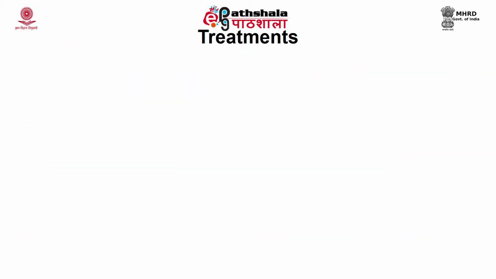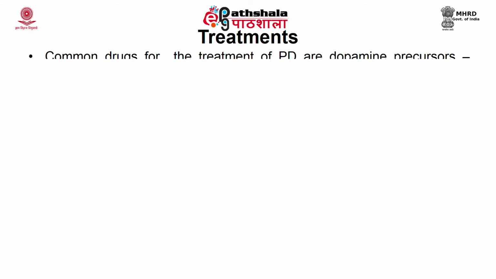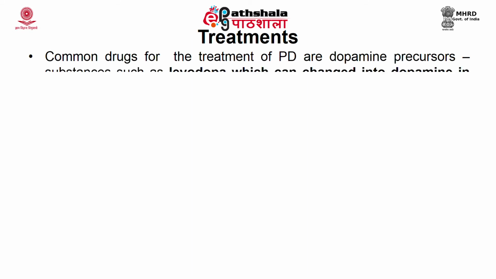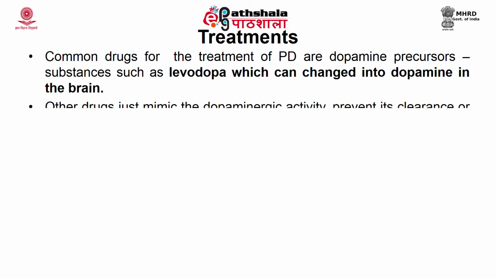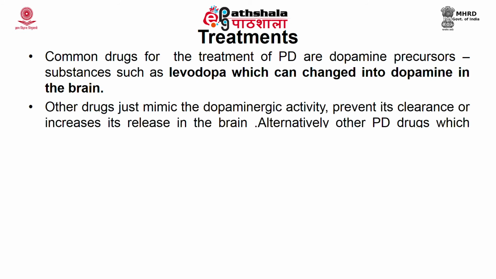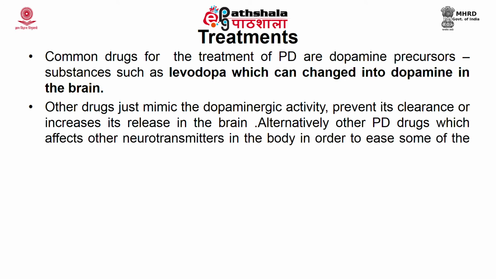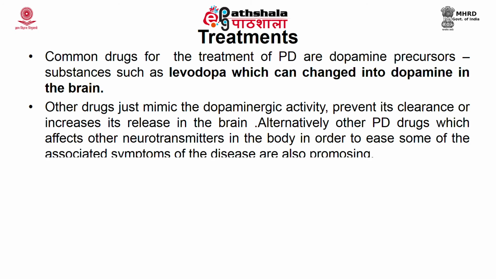If we look at the treatment, drugs are used to elevate dopamine levels, such as levodopa, which can change into dopamine in the brain. It mimics the actions of dopamine, and there are other drugs given which affect neurotransmitter levels.